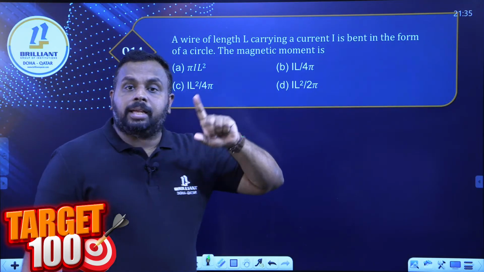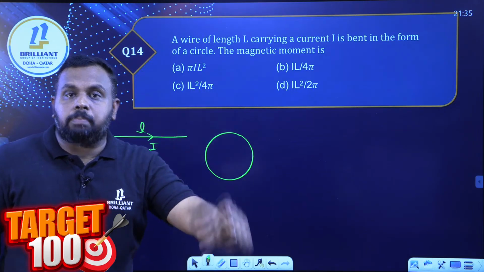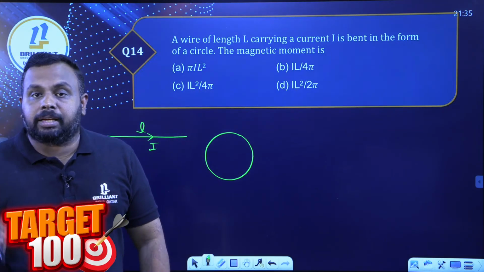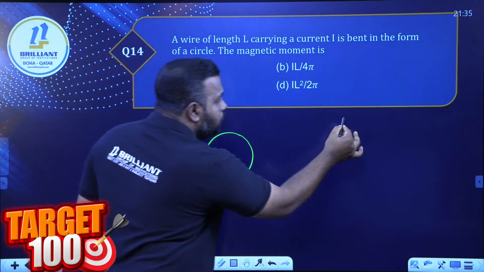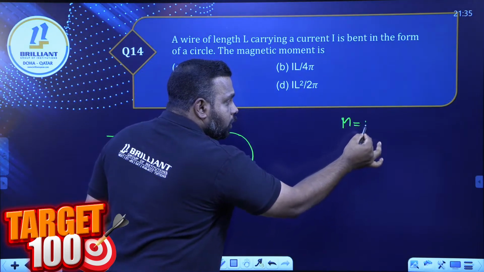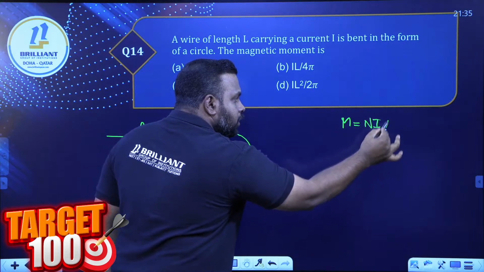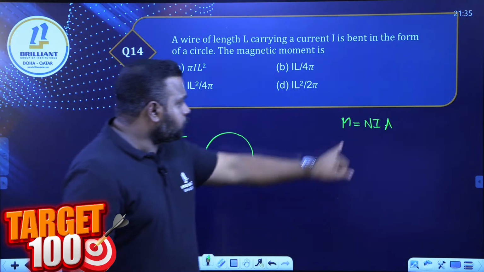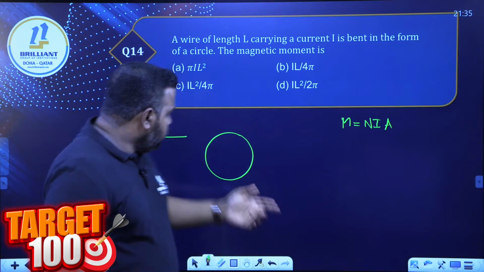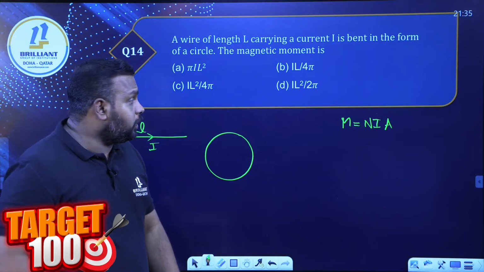Then the magnetic moment, magnetic dipole moment. What is the formula for the magnetic moment of a current carrying coil? We know that magnetic dipole moment M is equal to NIA, an important equation. N is the number of turns. Here it is only one turn, so N is equal to 1.